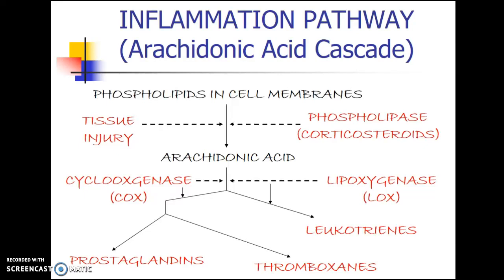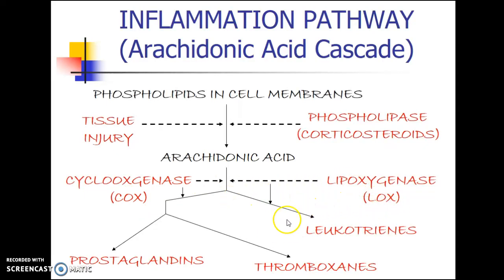The injury causes this phospholipase to come out. It makes the membranes unstable. Arachidonic acid comes out of that, and that's why this is also called the arachidonic acid cascade. So the arachidonic acid interacts with a couple of other enzymes that are present, and they are cyclooxygenase, abbreviated as COX, and lipoxygenase, abbreviated as LOX.